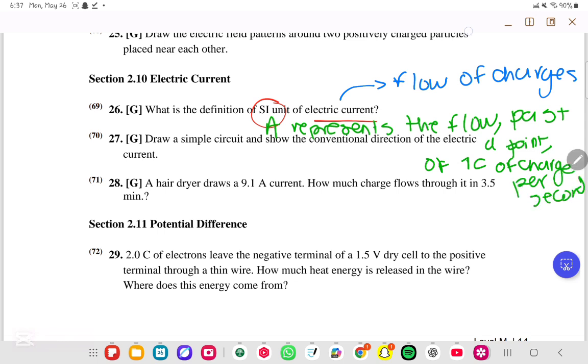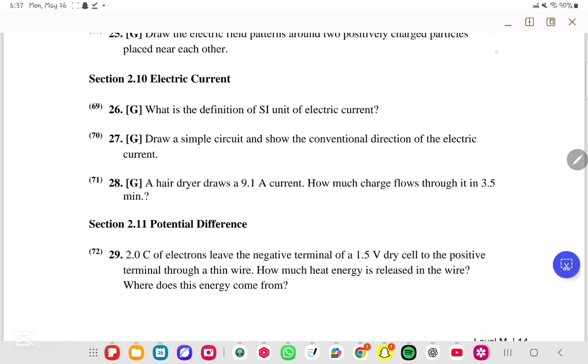Now, based on the formulas that we know, the current I is equal to the quantity of charge over the time, or in another format, Q is equal to I times T. So if you replace by the units, you're going to have I in ampere, Q in coulomb, time in second. So 1 ampere is equal to 1 coulomb per 1 second. Very simply, that is it for question number 26, grid.